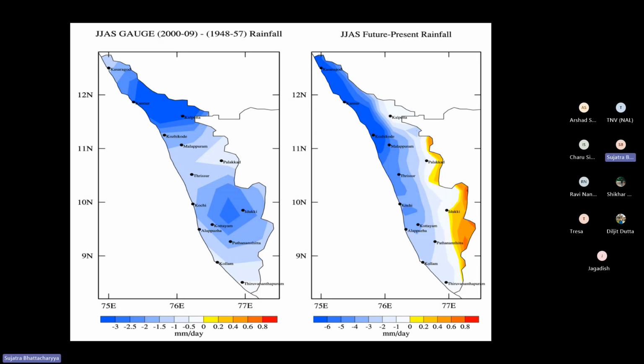So you can see that the pattern is similar, which I think is quite remarkable. I didn't expect that. It shows a large decline near the coast, and then some increase here, which is not seen in the gauge data. This may be due to lack of data, because you need lots of data to get this kind of feature. So I would say that the model trend due to CO2 increase is consistent with what's happening in Kerala for the last 50 years.